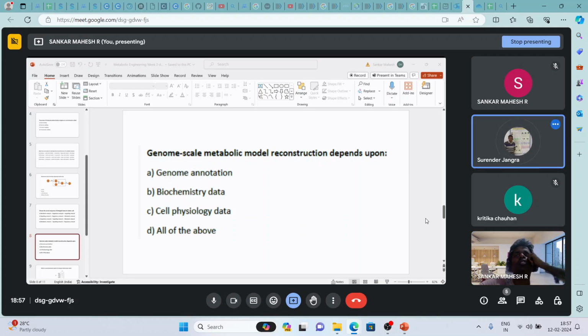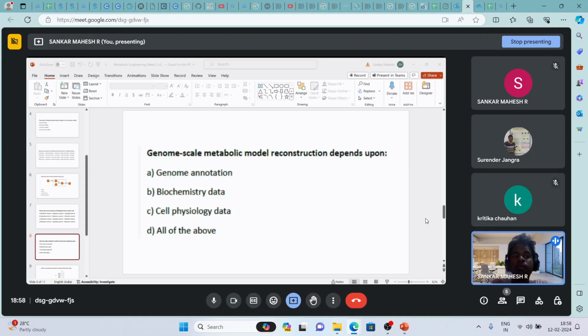Okay, like you said, first we'll talk about what genome scale metabolic model reconstruction is, and then I'll explain why different sets of data are needed. Genome scale metabolic model reconstruction is basically when you sequence the genome of a particular organism.